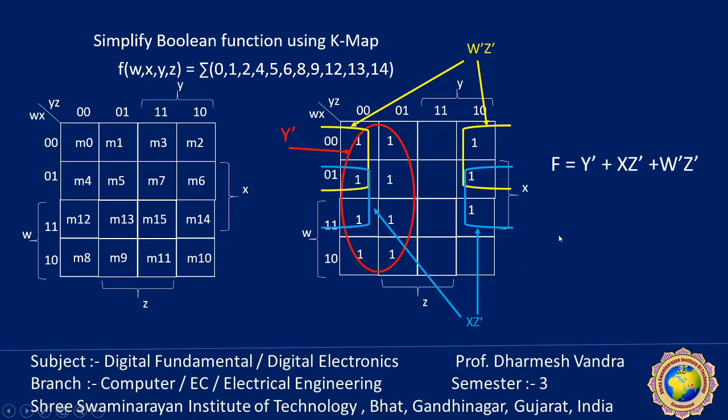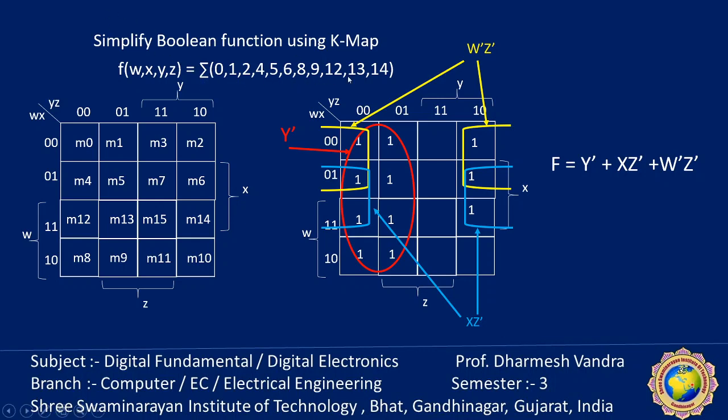So my final result will be y dash as the red one, x z dash as the yellow one, and w dash z dash as the blue combination. I hope this makes sense for finding the simplified function when the minterms are listed.